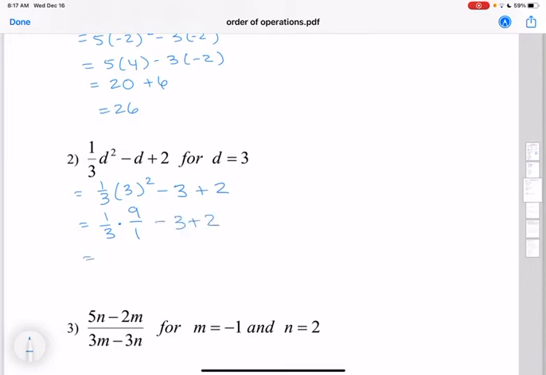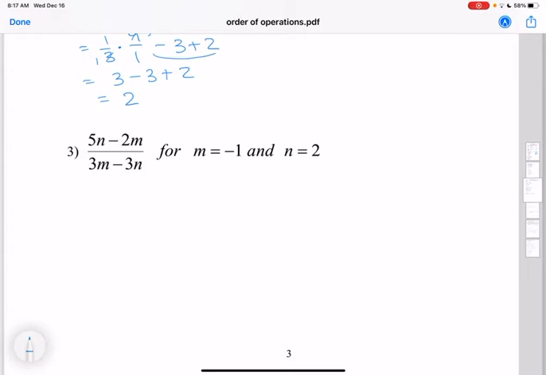And to reduce that 9/3, that's really a 3/1, right? Because 9/3 is the same as 3/1. And so I would get 3/1 once I multiplied it out, which would just be a 3. So here I have a 3, and then bring down the rest of this over here, this -3 plus 2. 3 minus 3 is 0 plus 2, and I know 0 plus 2 would just give me 2.